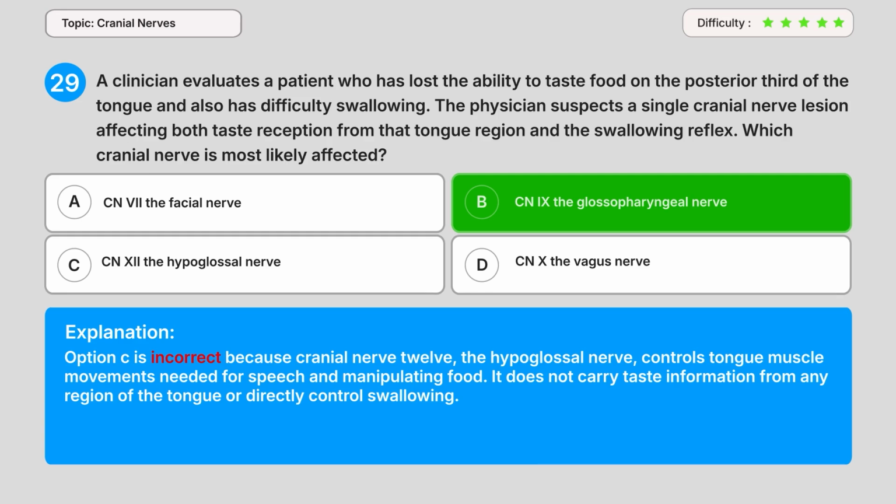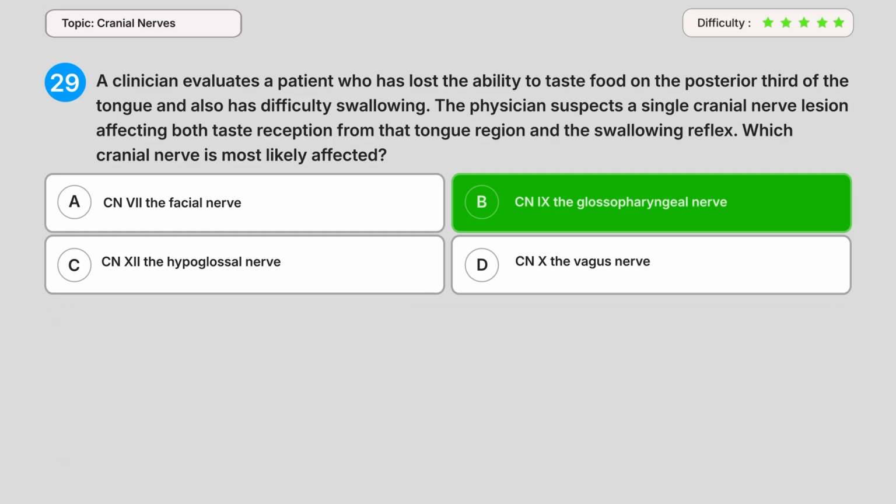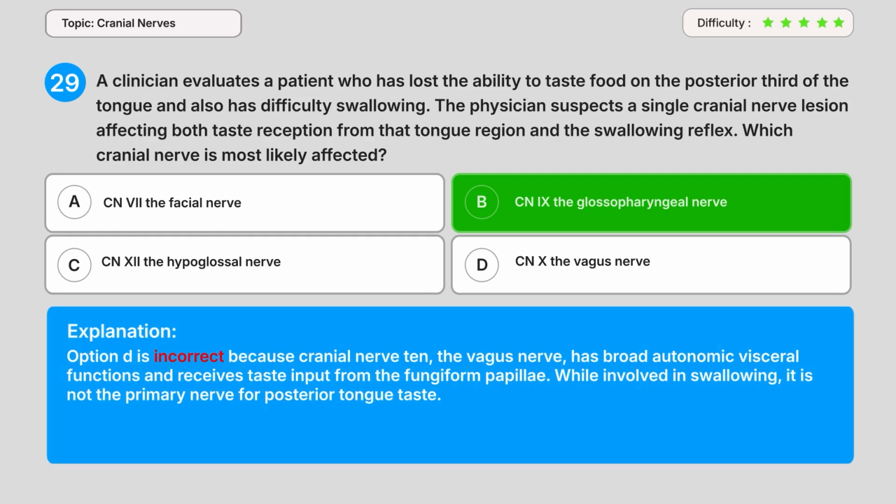It does not carry taste information from any region of the tongue or directly control swallowing. Option D is incorrect because cranial nerve 10, the vagus nerve, has broad autonomic visceral functions and receives taste input from the fungiform papillae. While involved in swallowing, it is not the primary nerve for posterior tongue taste.